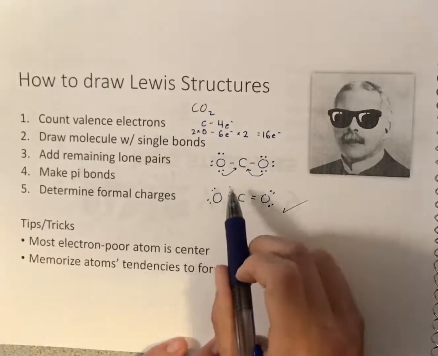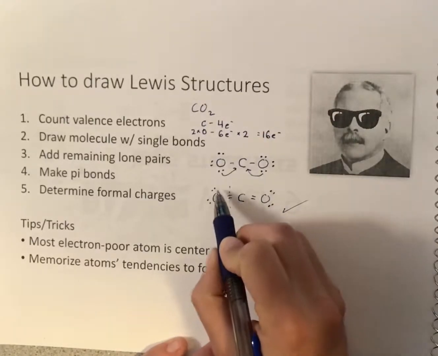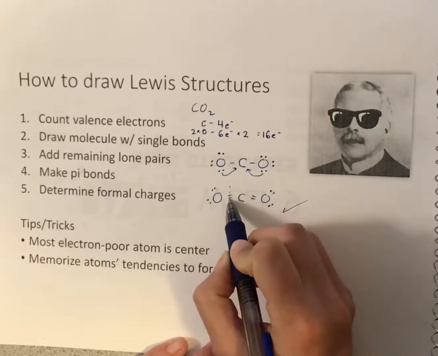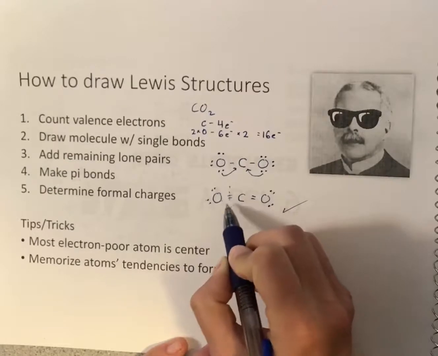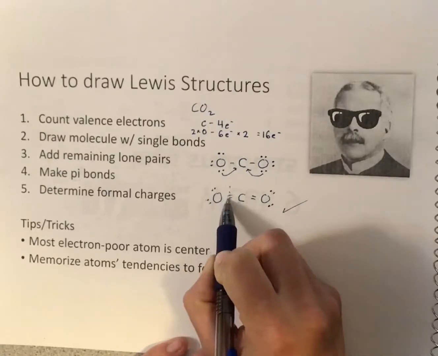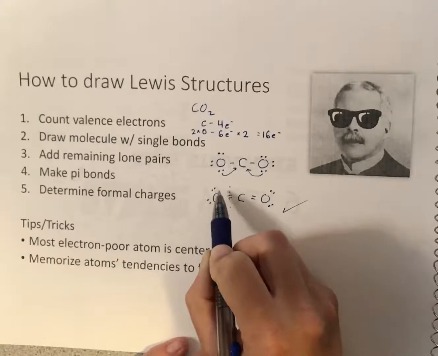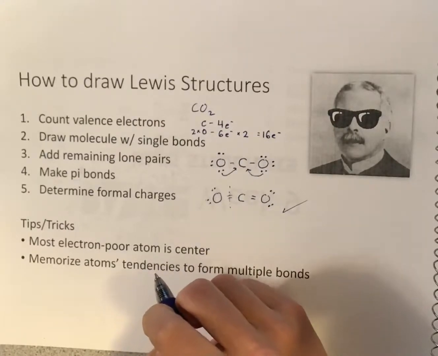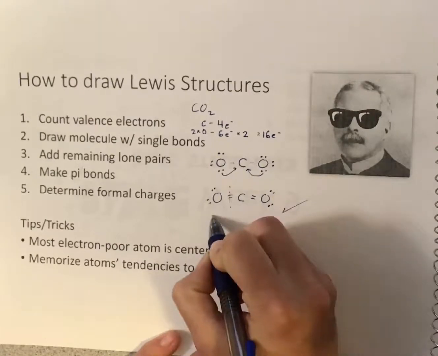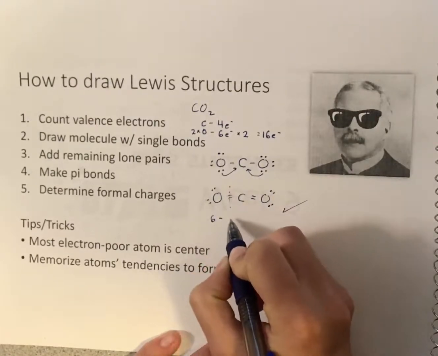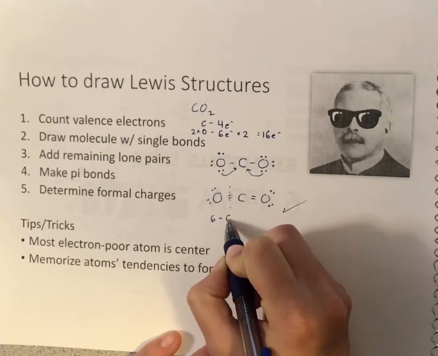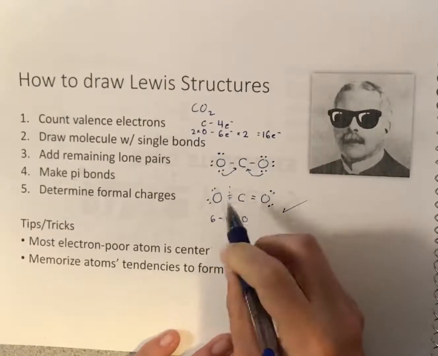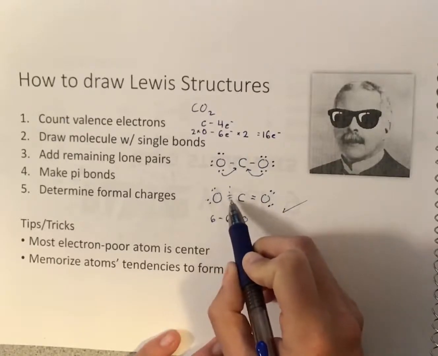So if we count for formal charges, we would say 1, 2, 3, 4 for lone pairs, and then we have 2 single bonds, so we would say 2 electrons. So this oxygen would have 6. And what we need to do here is say that number 6 minus the number of valence electrons that it has is going to equal 0. And that means that this oxygen has 0 formal charge.